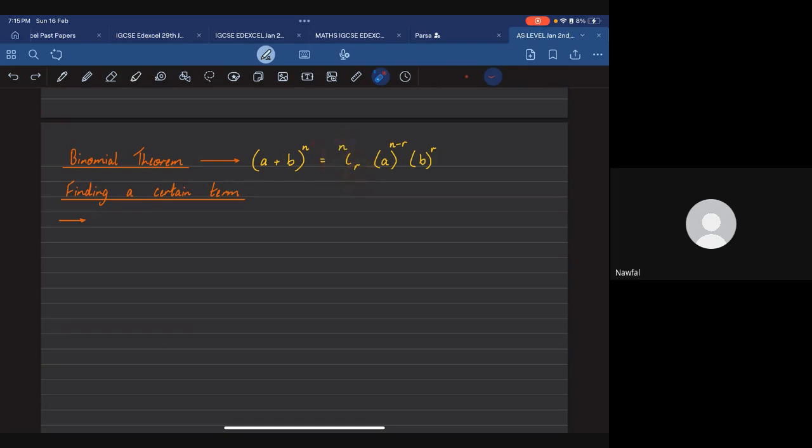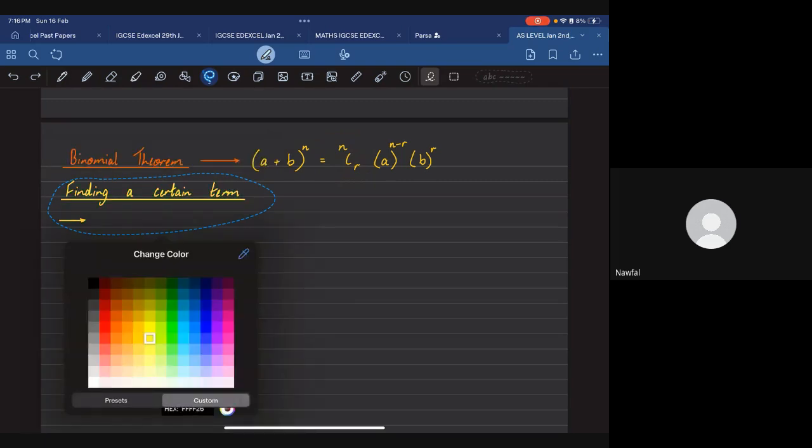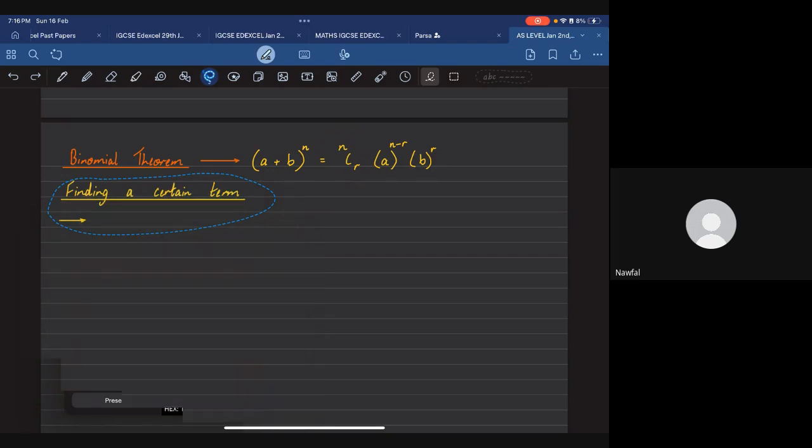You may also be asked to figure out the total number of terms as well, or anything of that sort can happen. Now, what we're going to see for today is that, let's dive directly into an example.